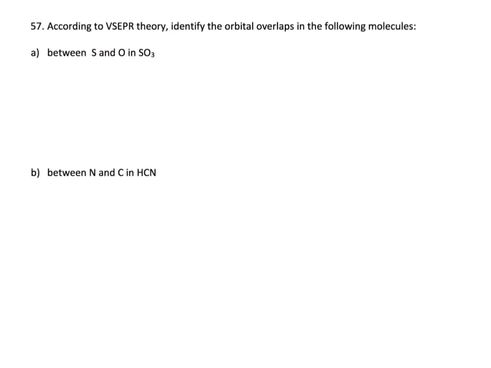57, according to VSEPR theory, identify the orbital overlaps in the following molecules. We have S and O in SO3. I'm going to speed through this just a little bit and give you the Lewis structure. We're using the exact same procedure we used in all previous examples. It looks like this.